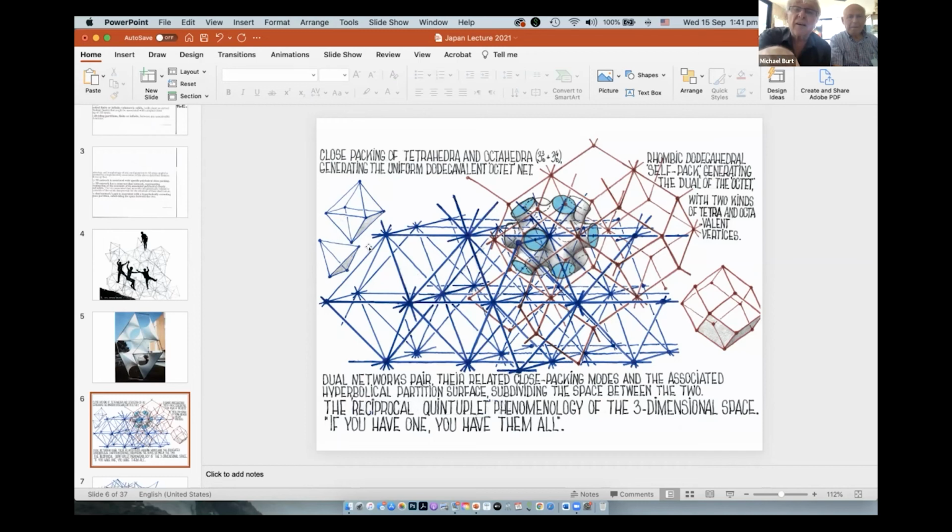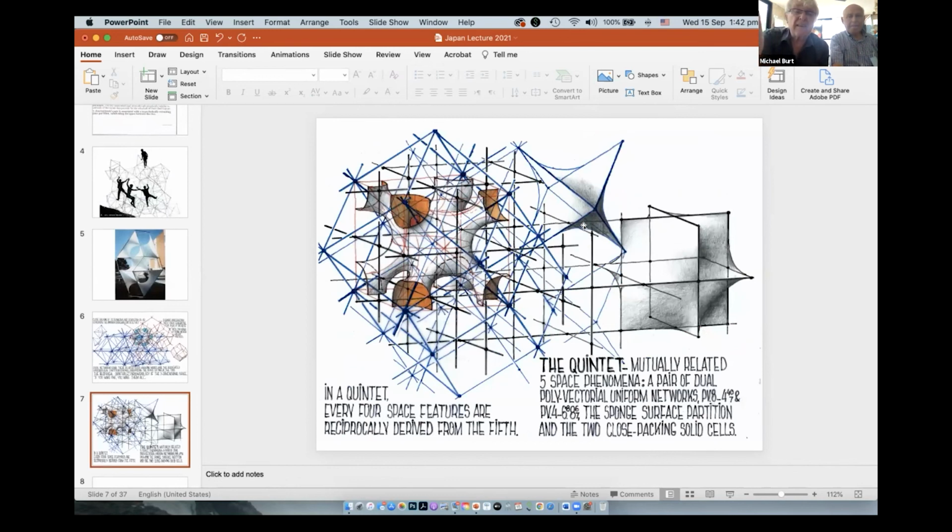And rhombic dodecahedra, because of these 2, have 2 types of vertices, while this network has only 1 type of vertices, because all the rhombic dodecahedra are alike. And in between, you have the hyperbolic partition continuously stretching to infinity. Next.